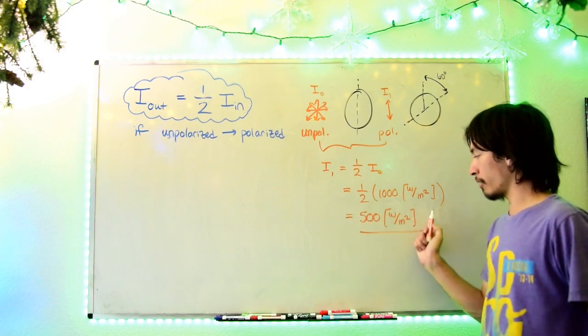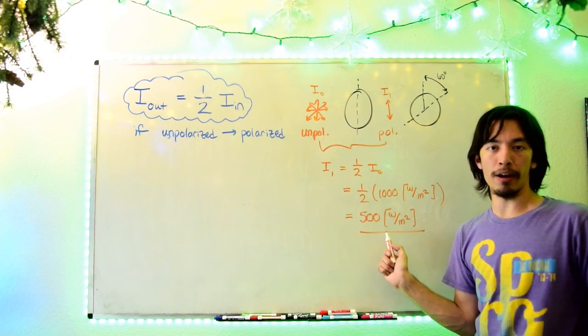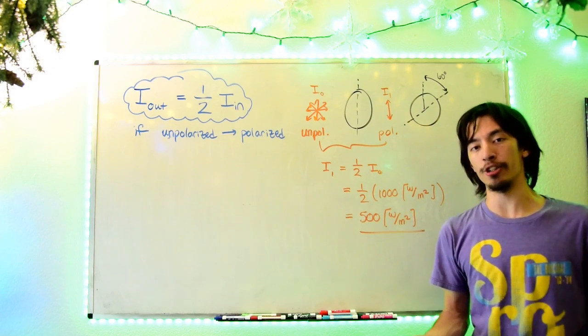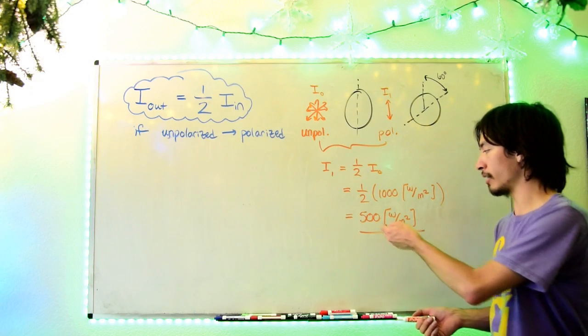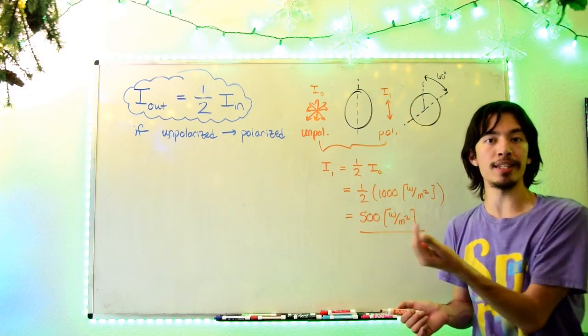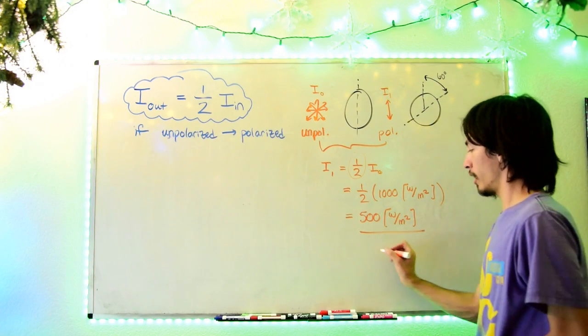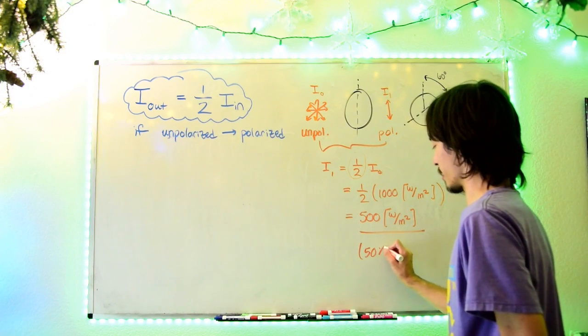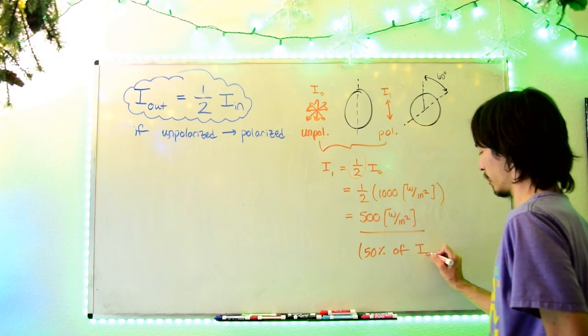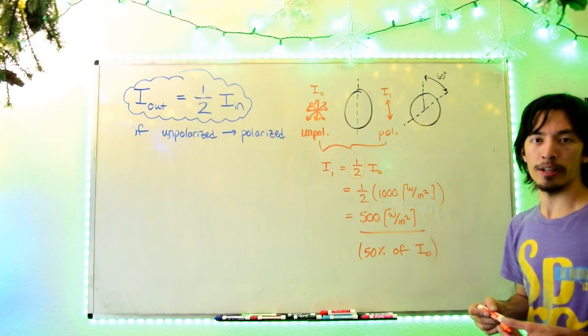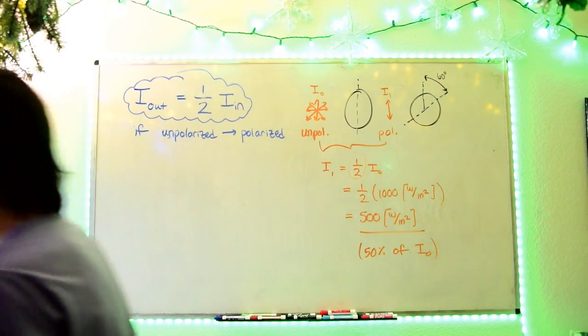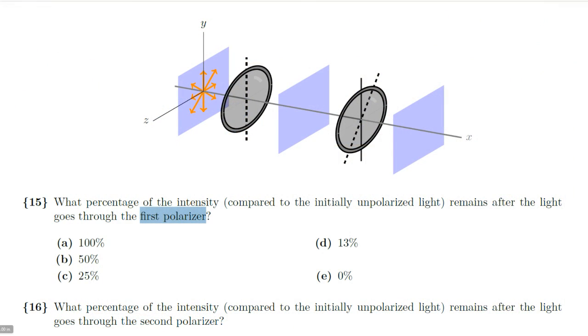However, I'm not asking for the exact intensity value. I'm asking you for what percentage is left over. So easily, you have 500 out of 1,000, it's a half. It's essentially just that number there. So this is 50% of your original intensity. Okay? So that's what we're asking for there. So for this one, we're just going to say it's B, 50%.